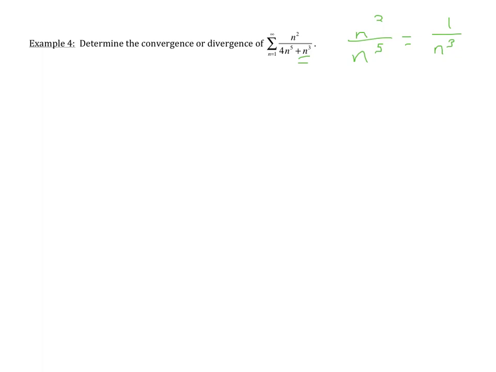What we're going to see is that n squared over 4n to the 5th plus n cubed is less than 1 over n cubed, because the denominator of the first one is much larger. And then what we see is that 1 over n cubed is a convergent p-series because p is greater than 1.